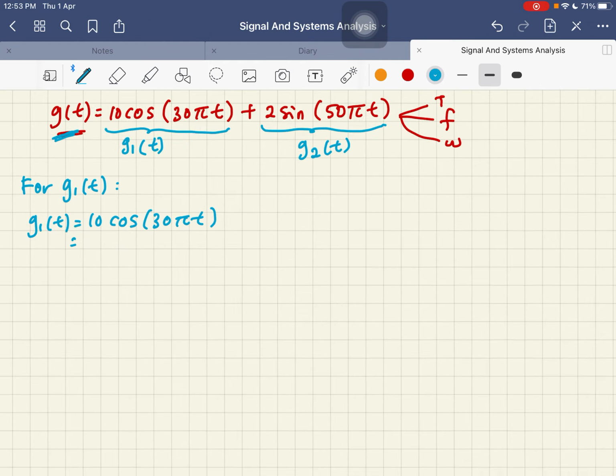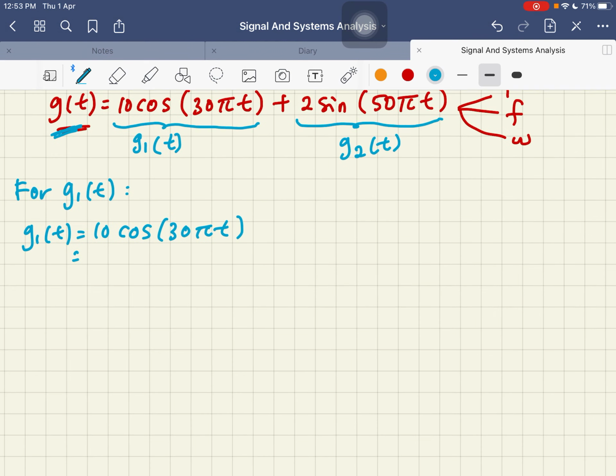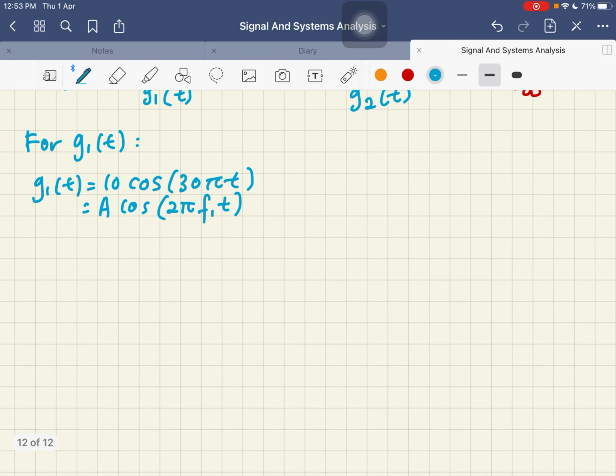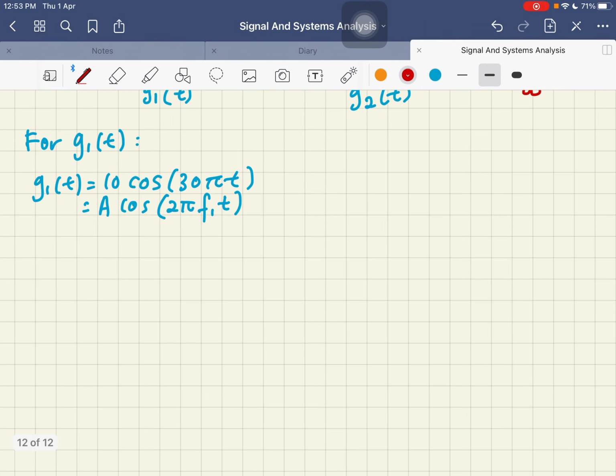So in this case I have cosine, so I'm going to write a cos 2 pi and I'm going to call this f1 of t, because this is the first signal. So what we do next is we take the one in the bracket to be equal. So we will have 2 pi f1 t equals 30 pi t.